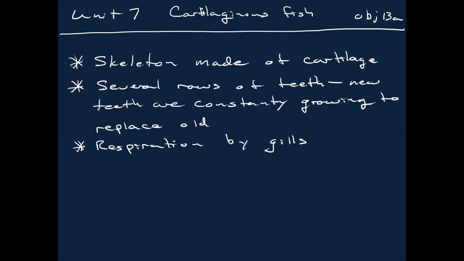Another interesting thing about cartilaginous fish is their reproduction. I didn't put this here because it's too mix and match. But several categories of cartilaginous fish actually have a placenta-like structure and give birth to live young, and that used to be an issue for the evolutionists to say, whoa, how did this happen?